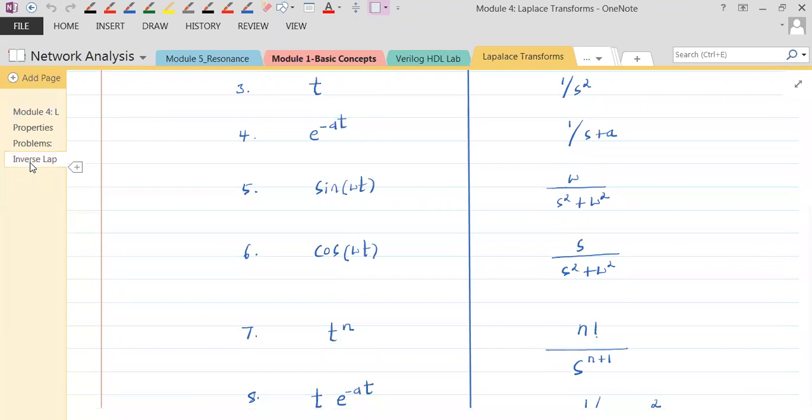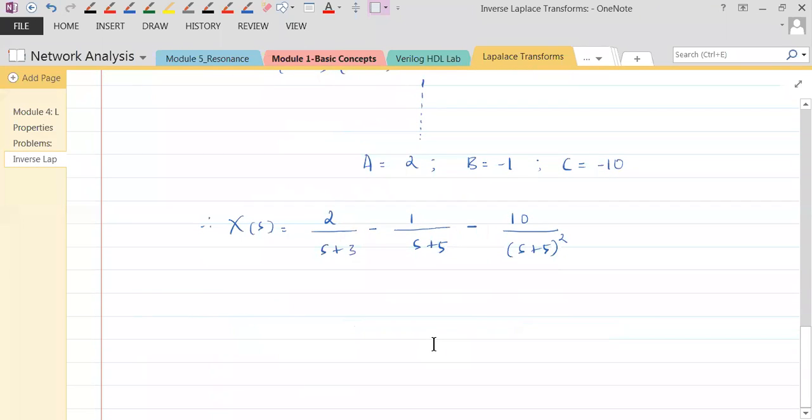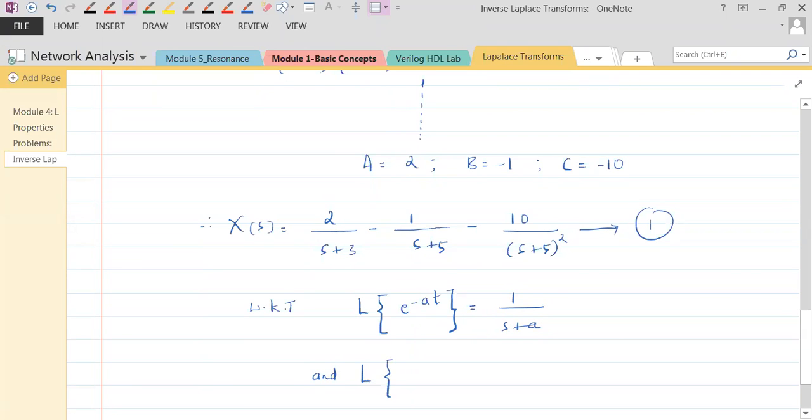So to obtain the inverse Laplace transform, understand that? Let's say that now. Call this equation number 1. We know that Laplace transform of e power minus at is 1 by s plus a, and Laplace transform of t into e power minus at is 1 by s plus a squared.